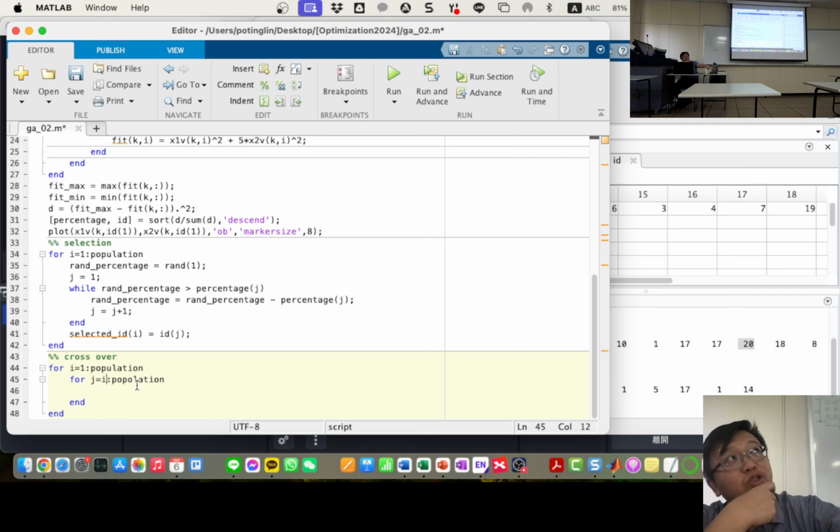If we do that, we will have, because at the end, we still only need 20 of them. We don't want to generate more. So if I randomly select 2, they have done crossover. Those 2 parents will not do crossover with others anymore.